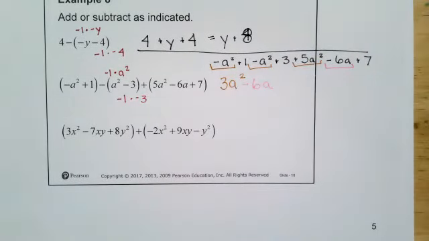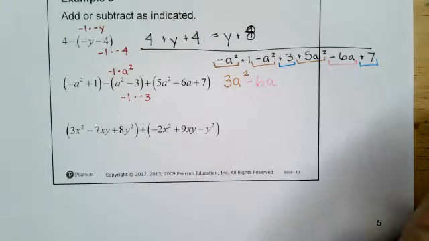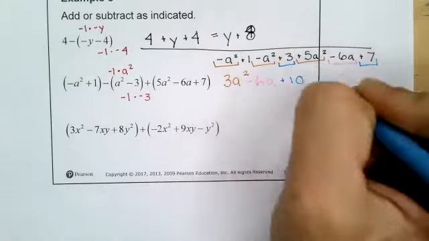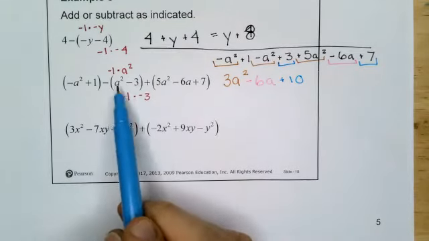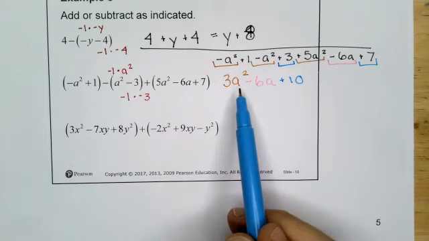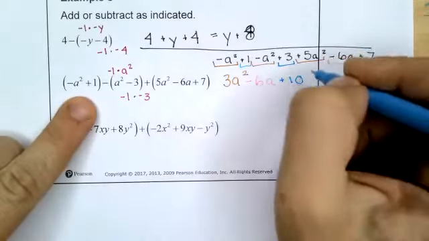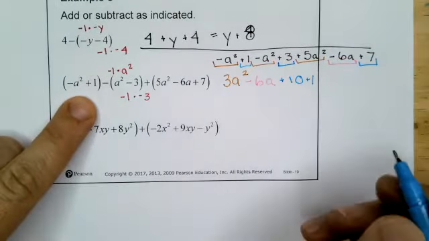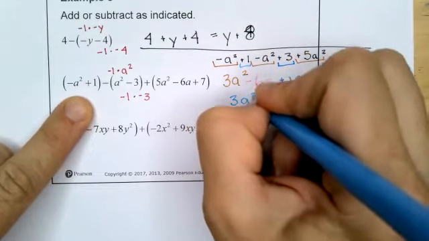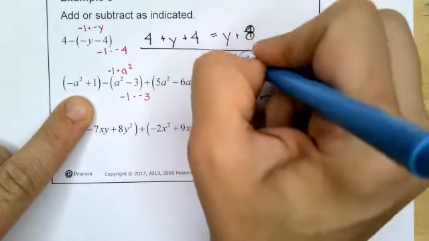And then plus 3 plus 7. It's just a positive 10. And again, you can count 1, 2, 3, 4, 5, 6, 7. Oh, I forgot that one, sorry. 11. So it's 3a squared minus 6a plus 11, because I forgot that guy.